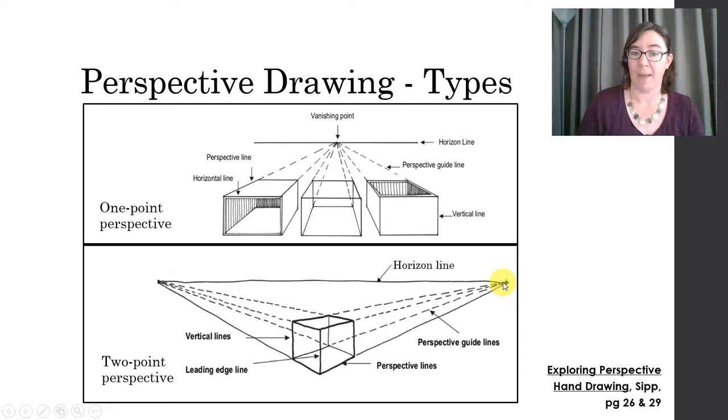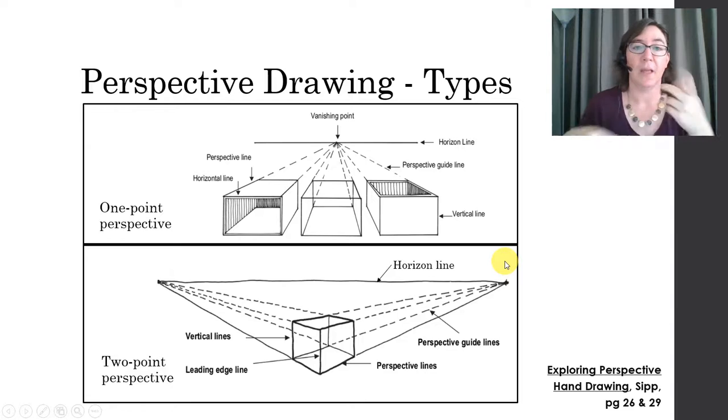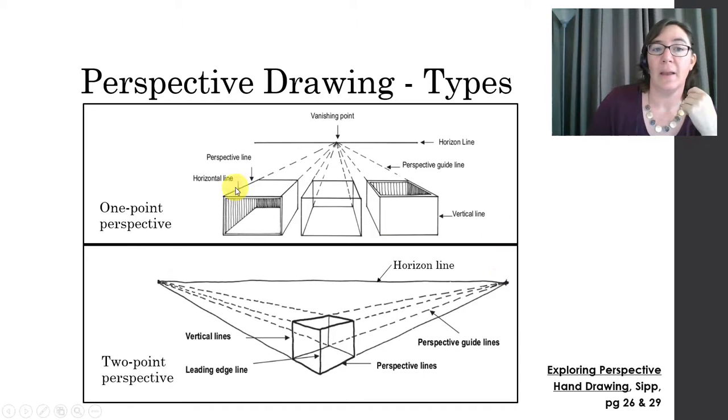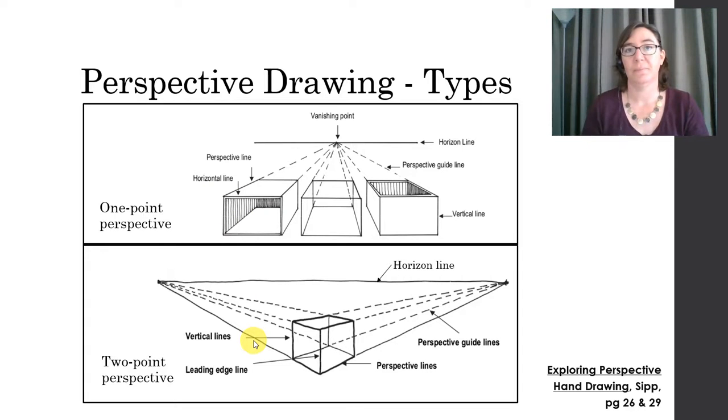So we've got these going all the way back to two vanishing points, one on either side. There are no true horizontal lines as in the 1-point perspective, because we've got our box turned and we're looking at it edge on.